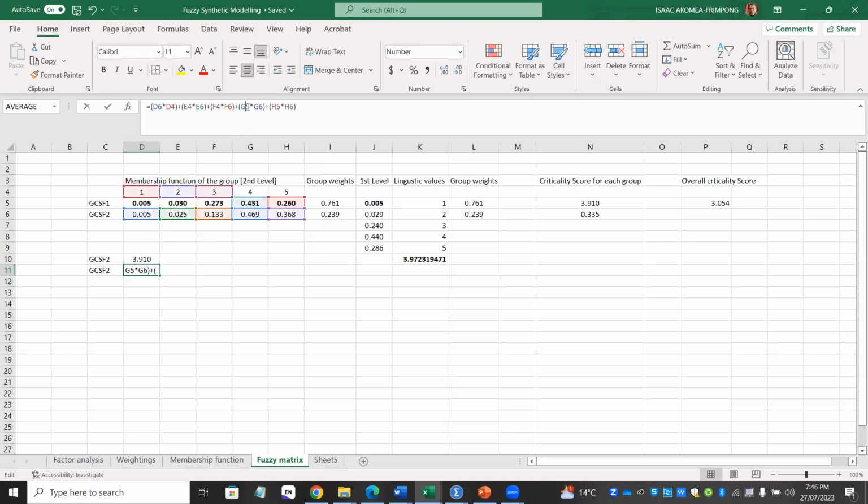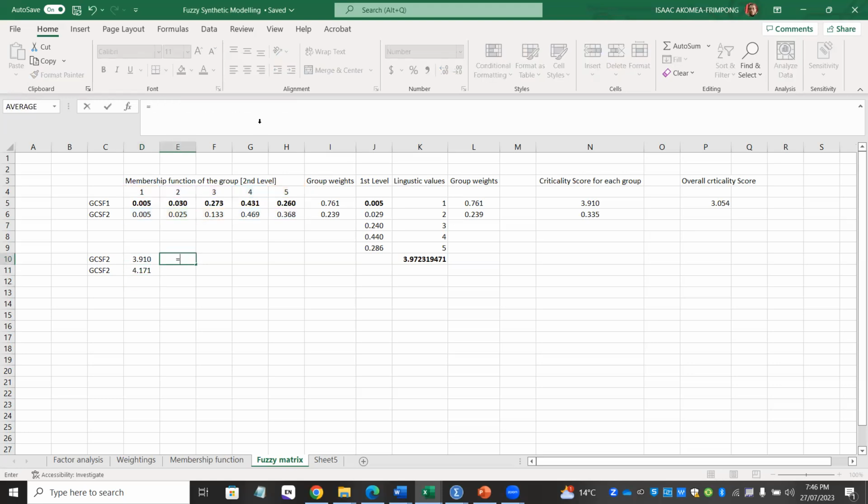So all these figures are not correct. This should also be 4. Hey, that's too high. How come? We are getting more than 4 point something. That's serious.